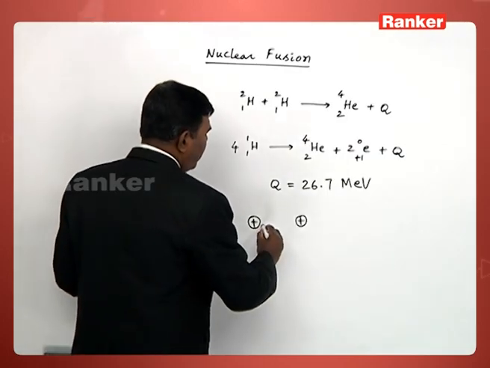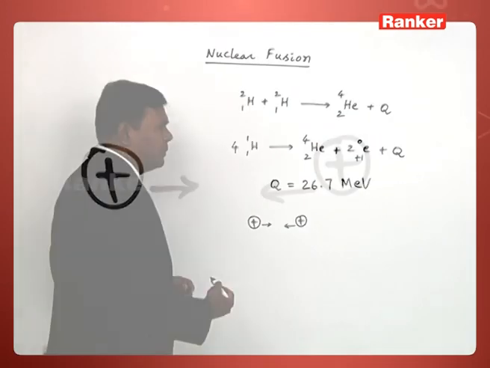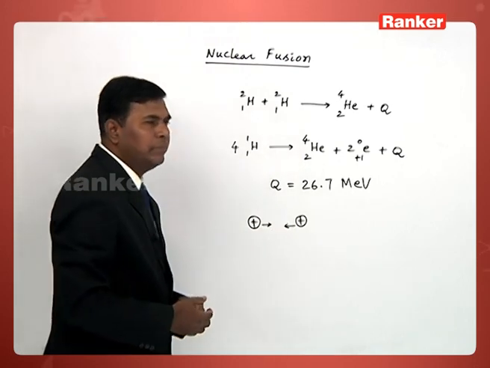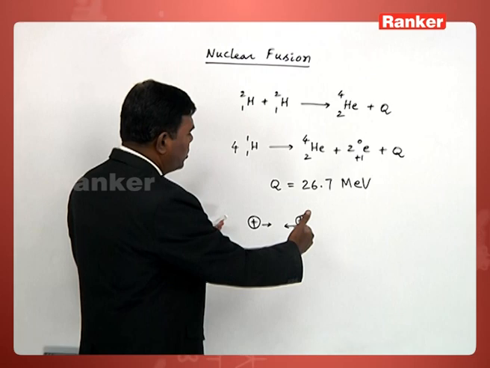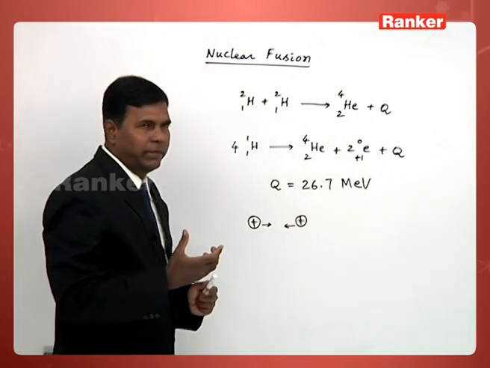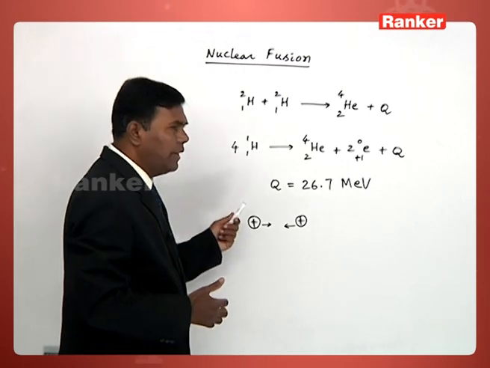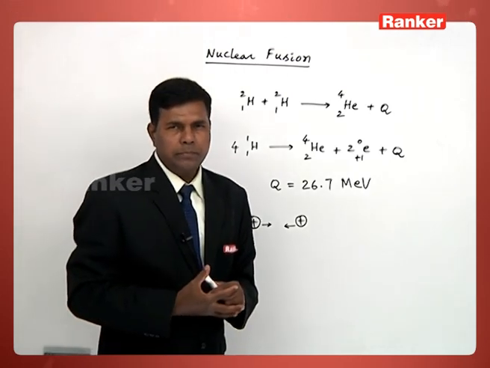If both of them are moving together so that we are trying to fuse them, between 2 positively charged particles there exists a Coulombian repulsive force, and as they approach closer and closer, this repulsive force increases to a very large value. Therefore it is difficult and near impossible for 2 positive nuclei to fuse together.